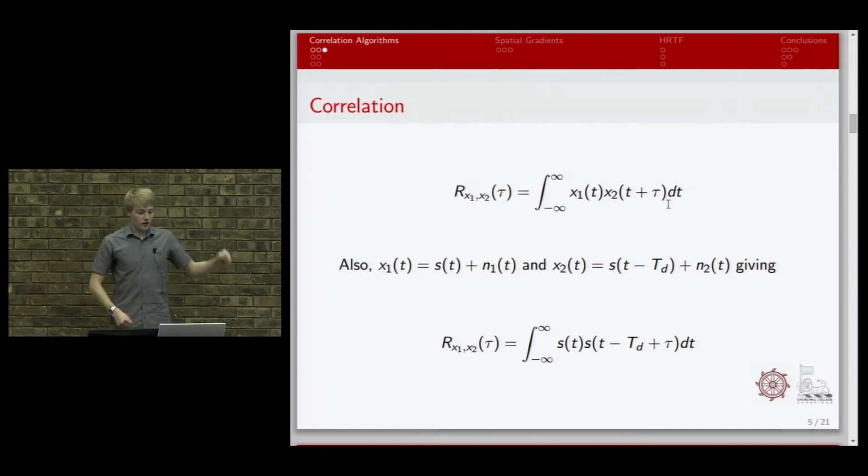So with that in mind, our equation for correlation becomes what it is on the bottom, from which it is quite clear to see that this will have a maximum value when tau equals the actual true delay.